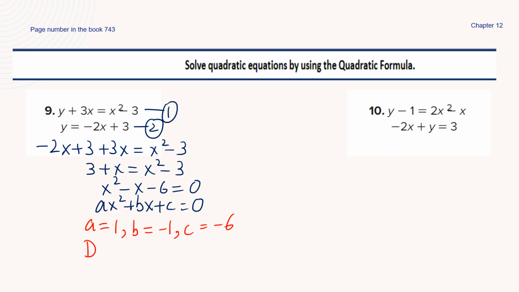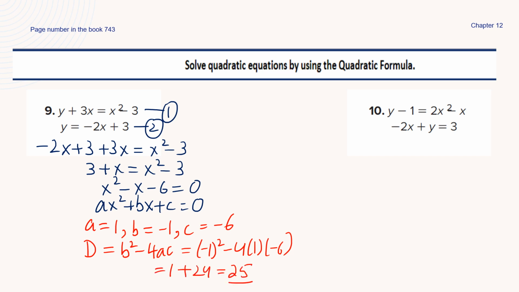So let's calculate the discriminant. b square minus 4ac. So this is going to be minus 1 whole square minus 4 times 1 times minus 6. So this is 1 plus 24 or 25. Now we need to apply the formula for the roots, minus b plus minus square root of d over 2a.